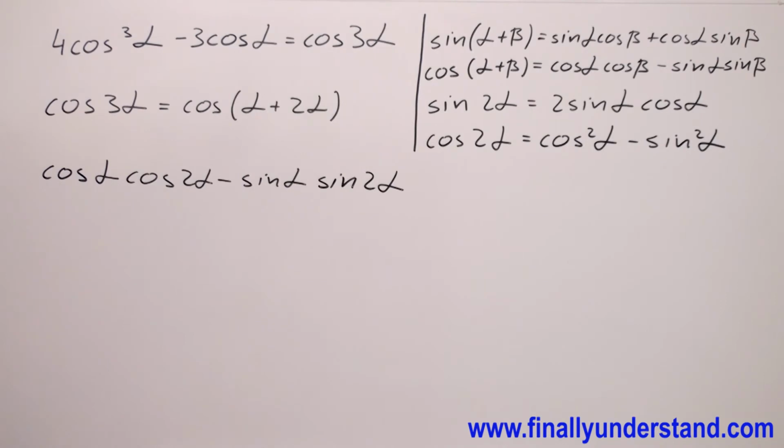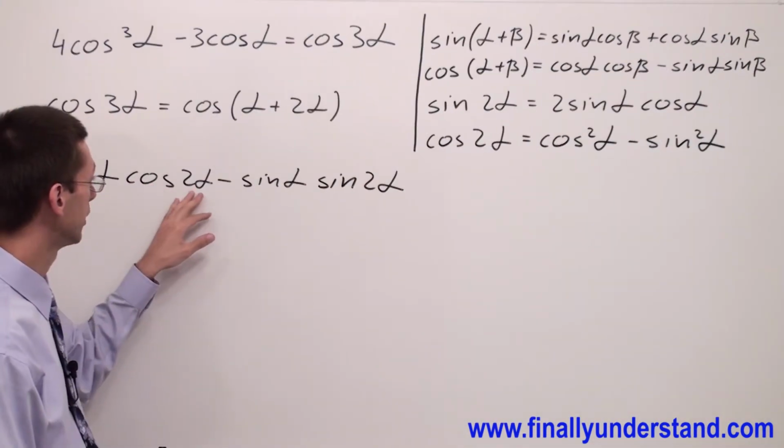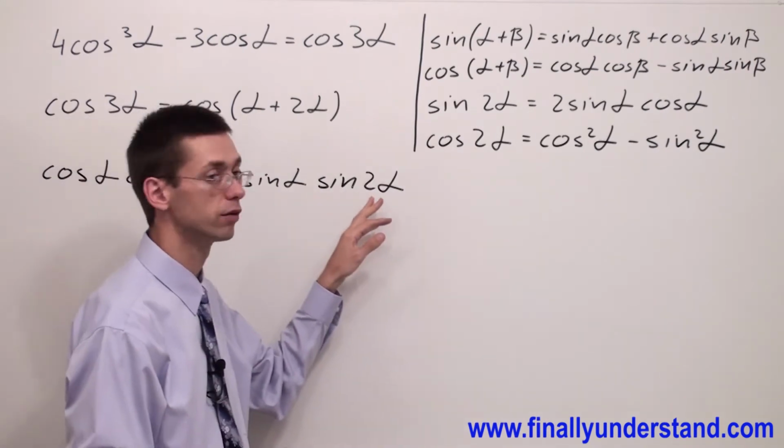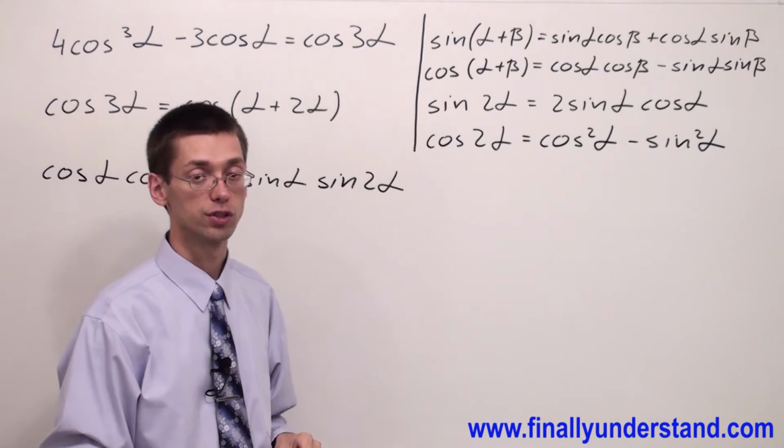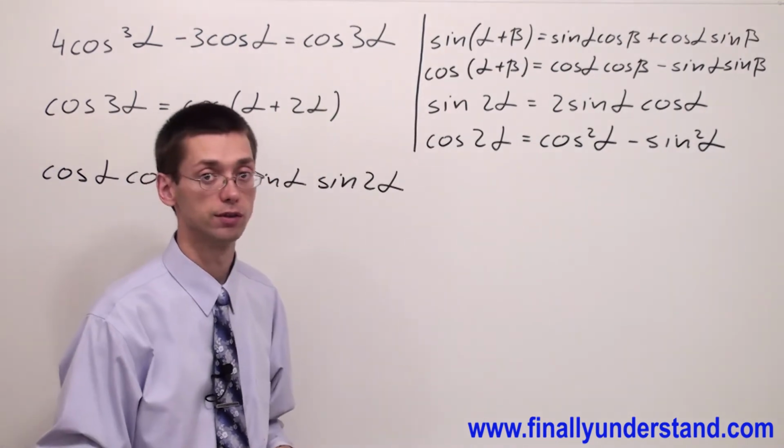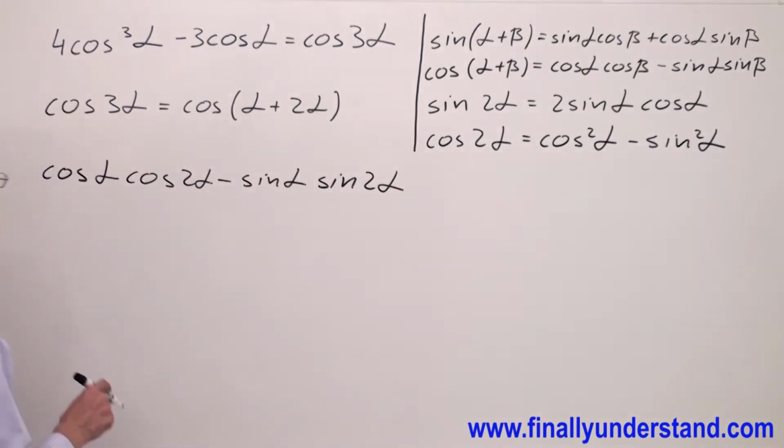Now, let's take a look at what we're supposed to do next. I have cosine of the double angle and I have sine of the double angle. I'm going to use the formulas for sine and cosine of the double angle in order to simplify this expression.